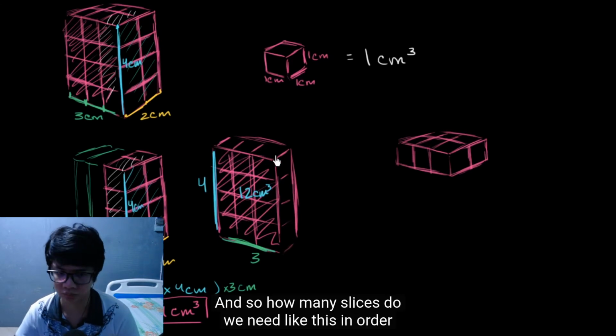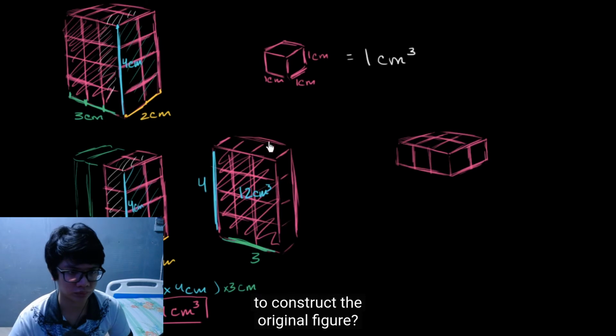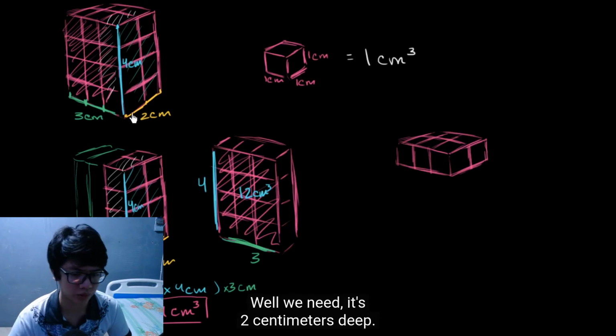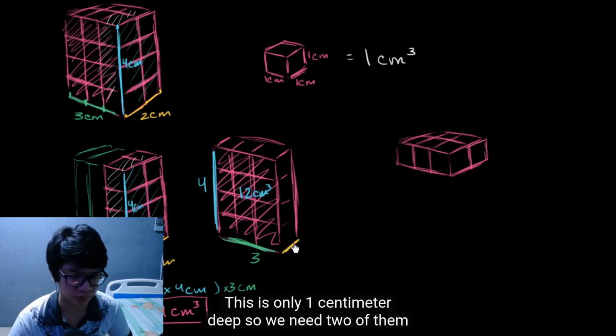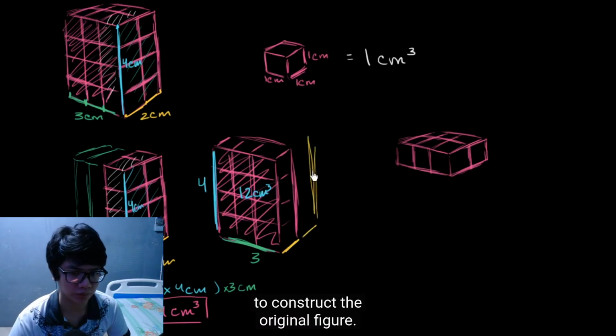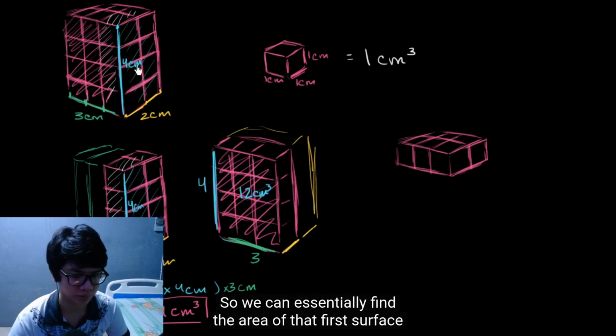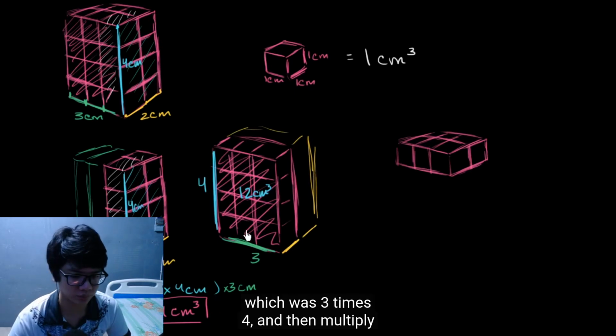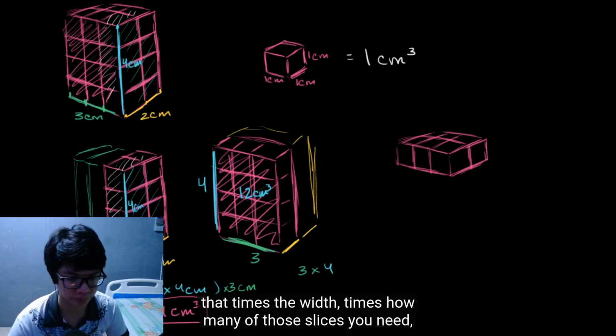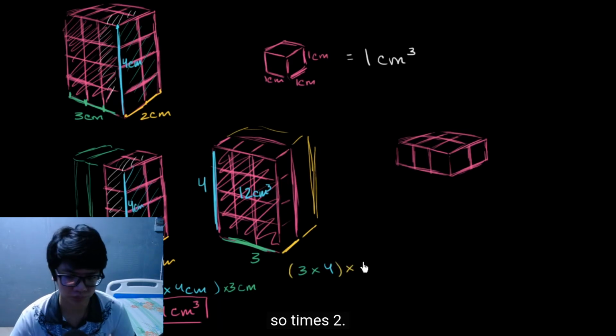And so how many slices do we need like this in order to construct the original figure? Well, it's 2 centimeters deep. This is only 1 centimeter deep, so we need 2 of them. So we can find the area of that first surface, which was 3 times 4, and then multiply that times how many of those slices you need, so times 2.